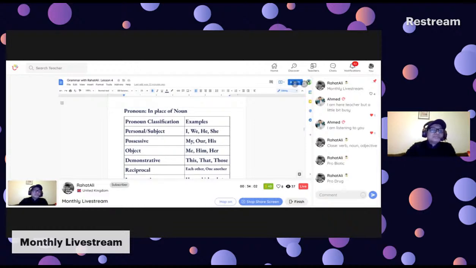So there may be some other classification. It says personal, demonstrative, interrogative, relative, indefinite, reflexive, intensive as well.